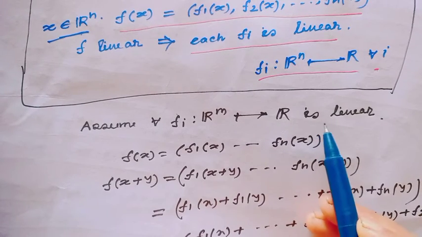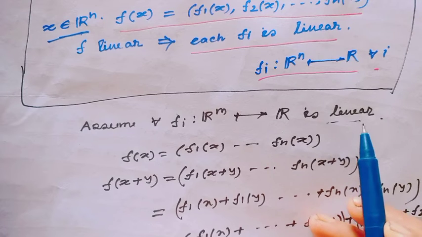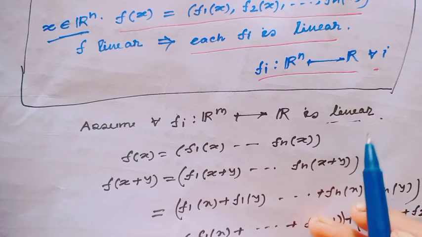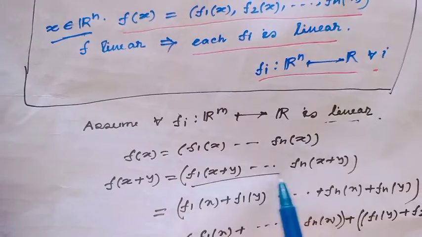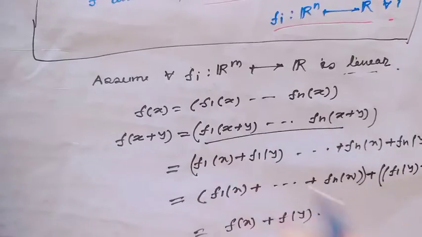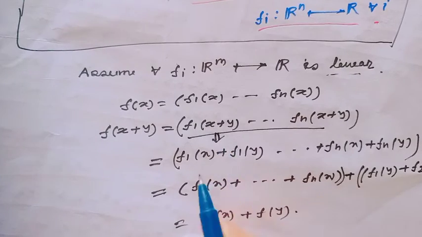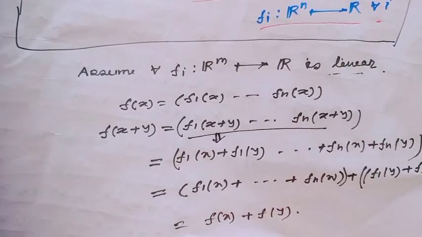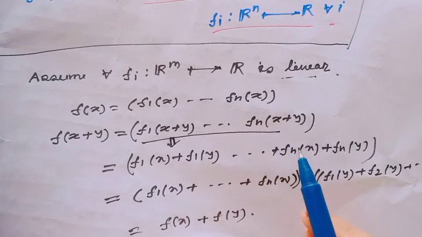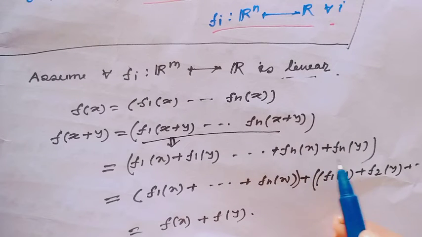By the property of linearity, since each fi is linear, as I have assumed, f1(x plus y) would be f1(x) plus f1(y), and similarly fn(x plus y) would be fn(x) plus fn(y).